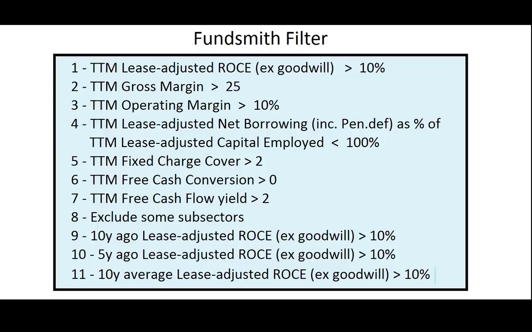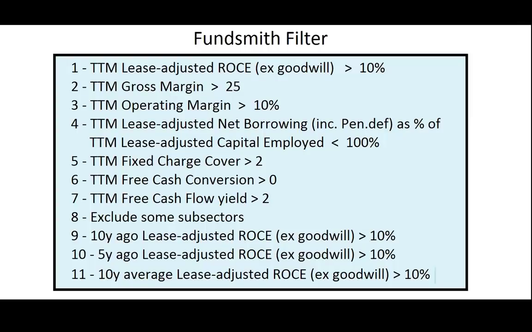So we go to add criteria and we search for ROCE, and here it is. We want trailing 12 months. We want to exclude goodwill, and we want it to be lease adjusted. Lease adjusted means that it is going to take into account all the lease commitments for the company.